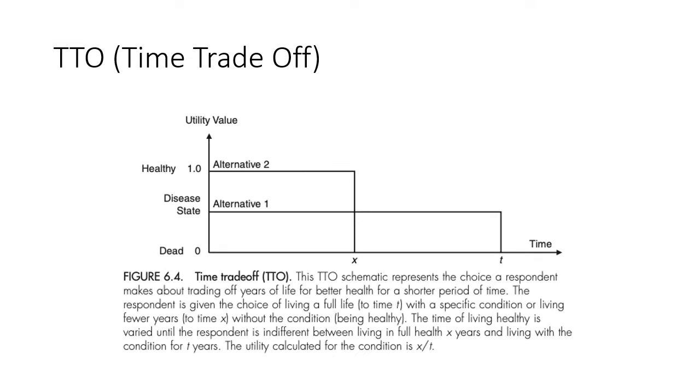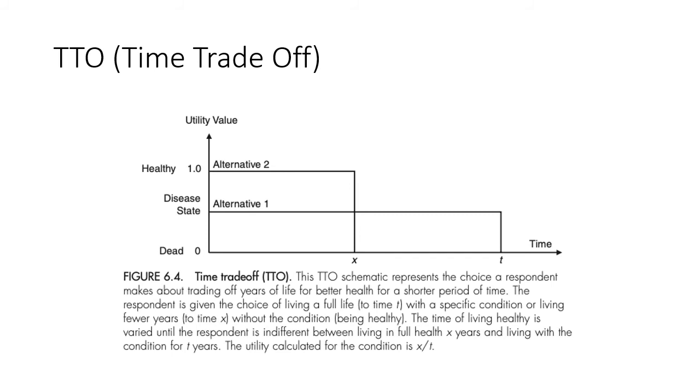Time trade-off method. This time trade-off method is a schematic that represents the choice a respondent makes about trading off years of life for better health for a shorter period of time. The respondent is given the choice of living a full life, that is to time T, with a specific condition, or living fewer years, that is time X, without the condition, being healthy.